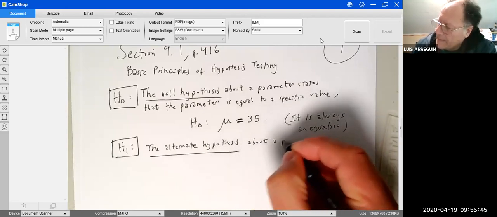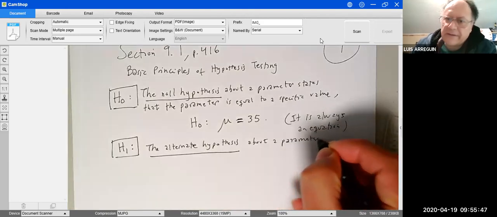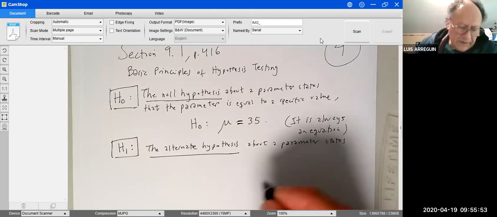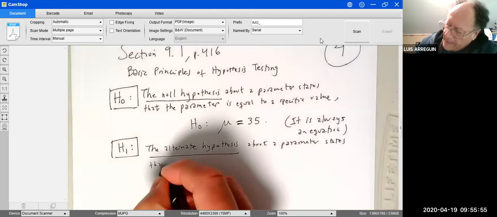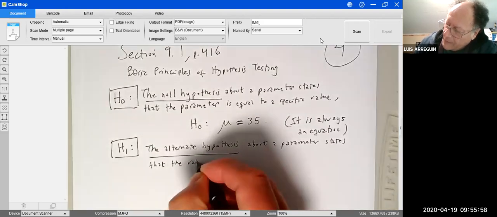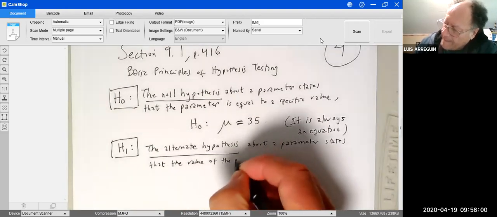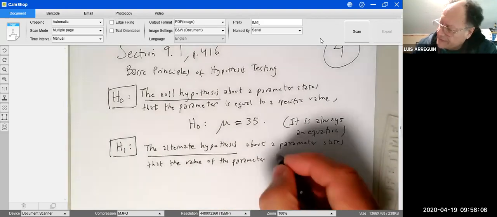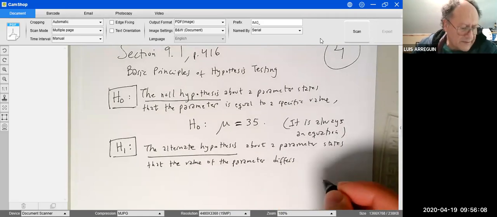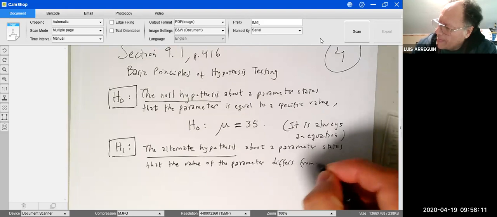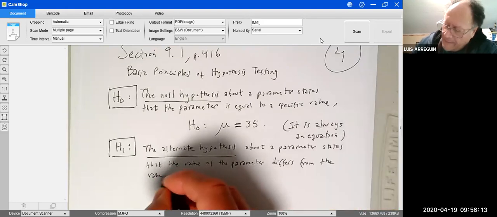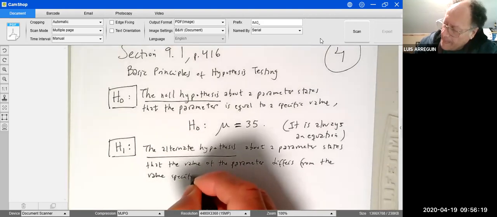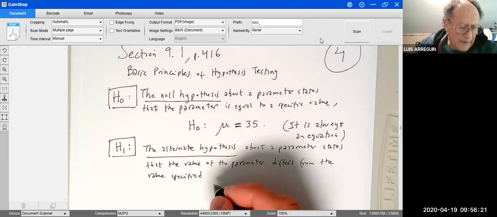About a parameter states that the value of the parameter differs from the value specified by the null hypothesis.